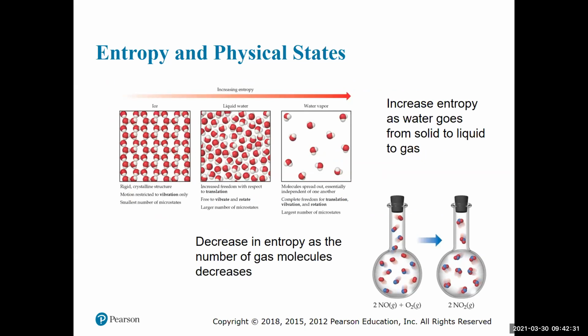They're in that solid crystal. The molecules themselves really don't move. We still have the molecular vibrations. Remember the bonds and the spring and that kind of movement. But that's it. So that means we have fewer microstates.